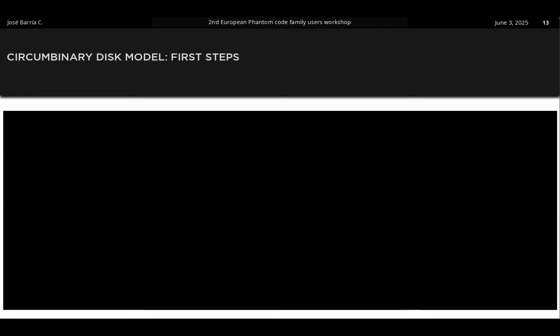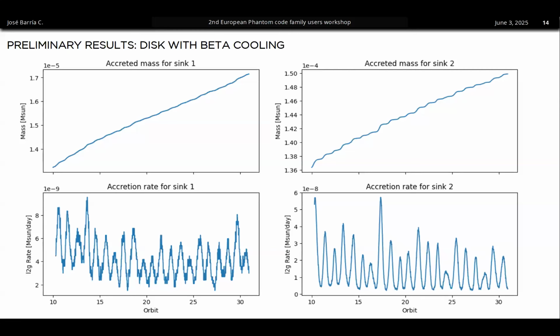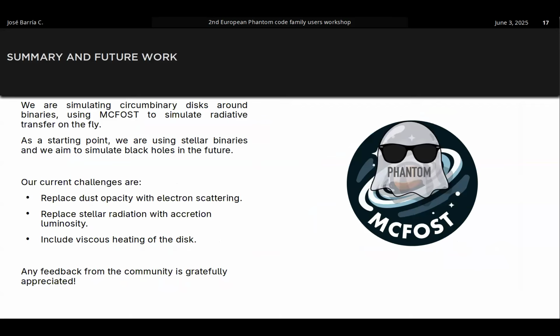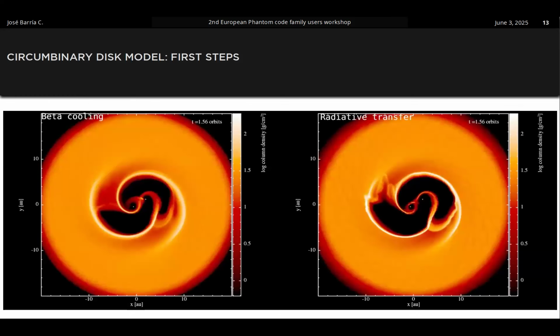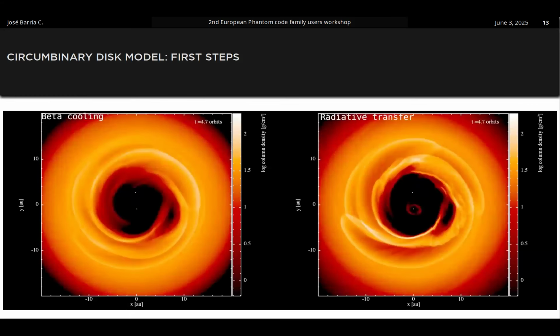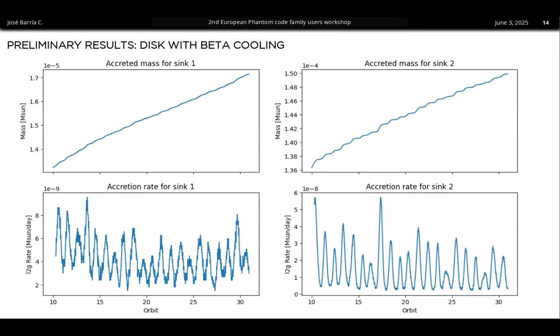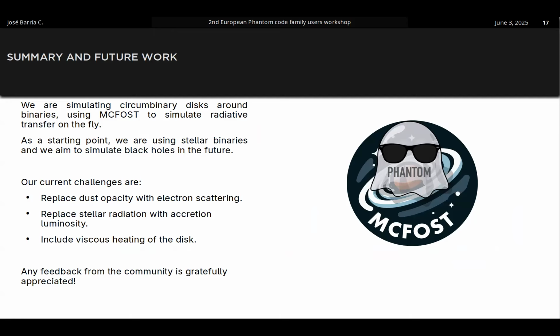One of the things we plan to do in the future is to explore the parameter space. For this simulation I just showed you, we're using a fixed eccentricity of 0.2 only, so it's a fairly circular orbit. But we plan to explore a whole range of eccentricities and inclinations and everything. For now, it's just this.